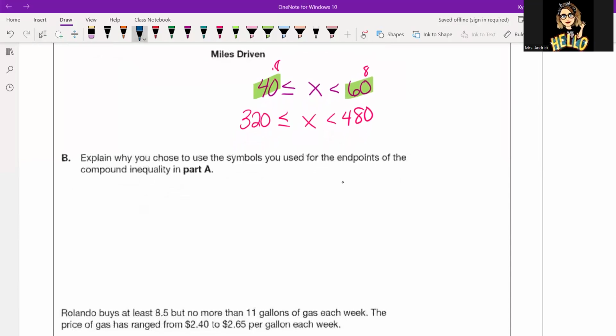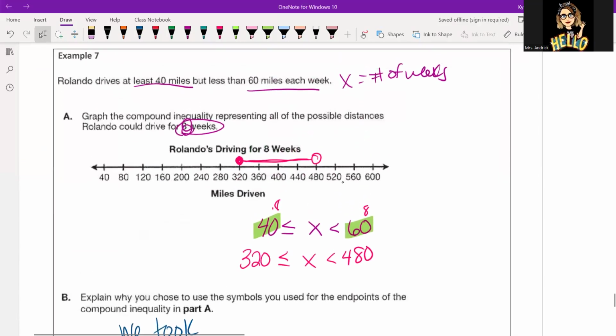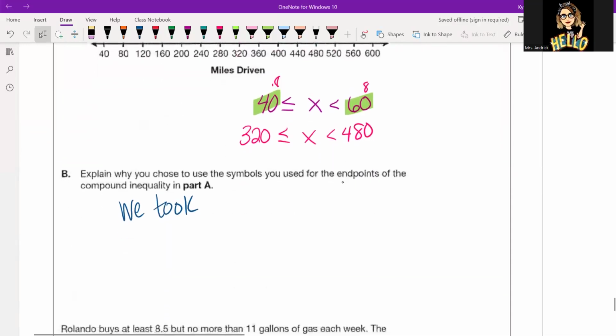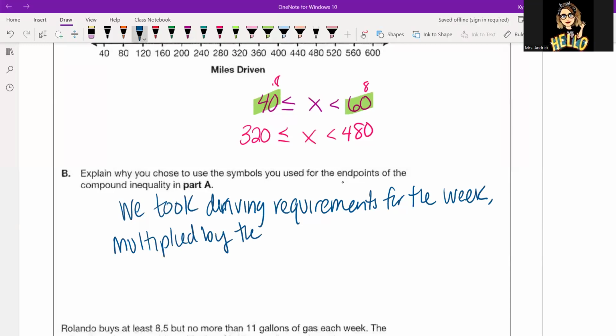So we can just write, we took, your sentence can be whatever you want it to be, but we took the driving requirements for the week, and then we just multiplied by the number of weeks we drove for and found those endpoints.